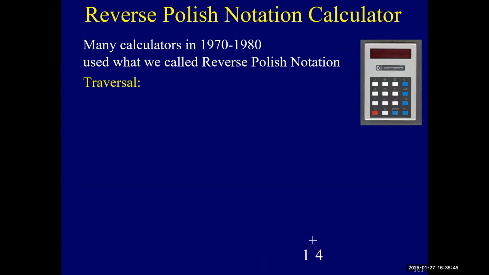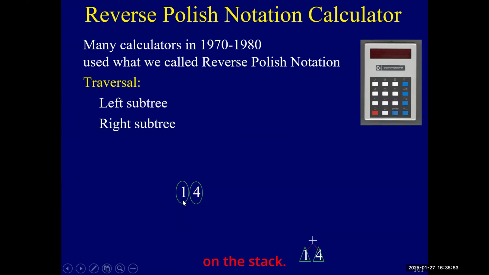First, we see the 1, and what do we do with the 1? We push it on the stack. Then we get the 4, we push it on the stack. Then we get the plus. So in the calculator, you go 3, 1, enter, 4, enter, plus.